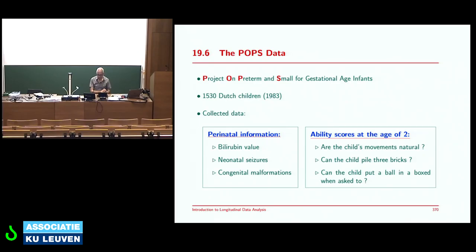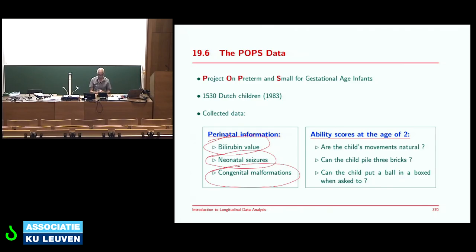The data that we have is twofold. There is perinatal information, so around the time of birth, bilirubin, the substance that makes children yellow if it's too high in concentration, whether or not there are neonatal seizures, and whether or not there are congenital malformations.